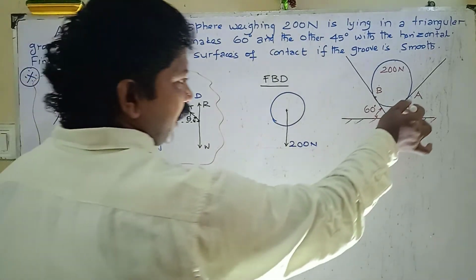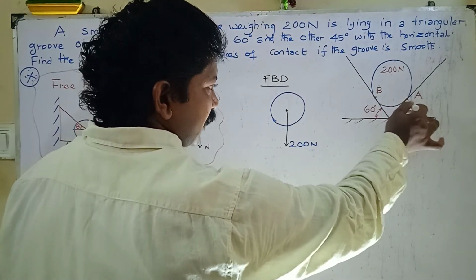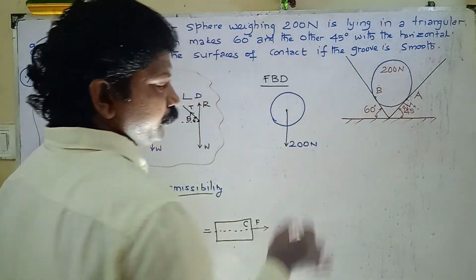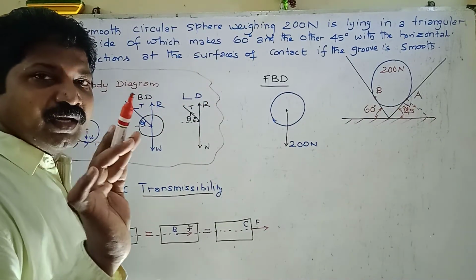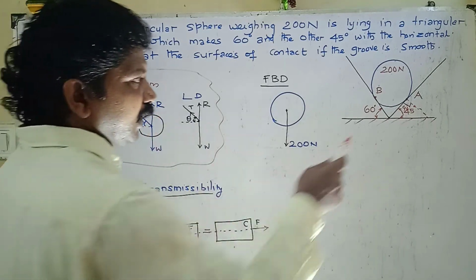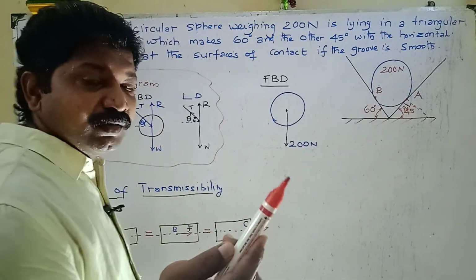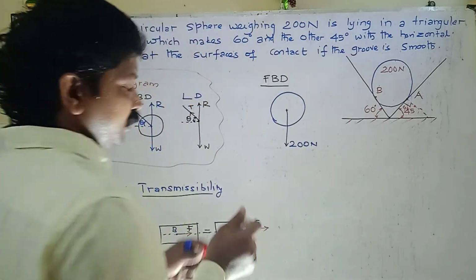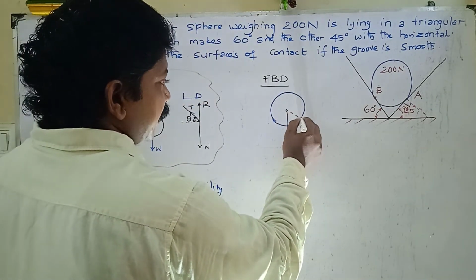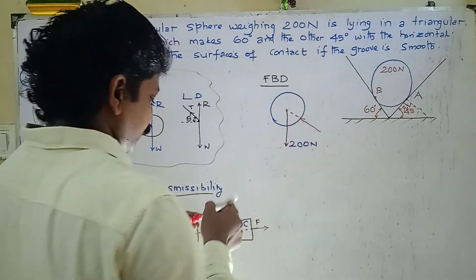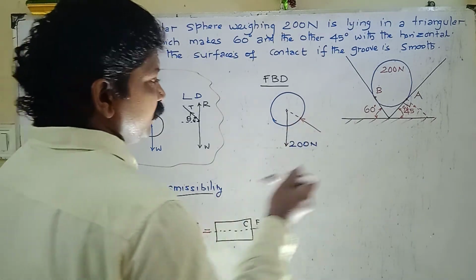So this angle is perpendicular, 90 degree. In this triangle, the total angle is 180. Already 90 plus 45, so the remaining is 45 with horizontal. So the reaction at point A, RA, is at 45 degree with horizontal.